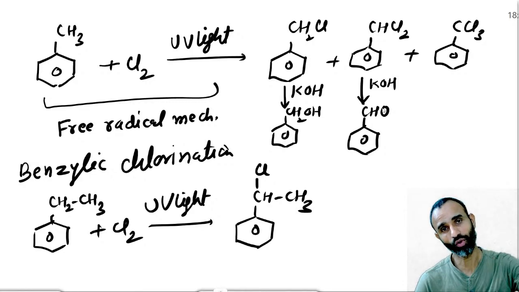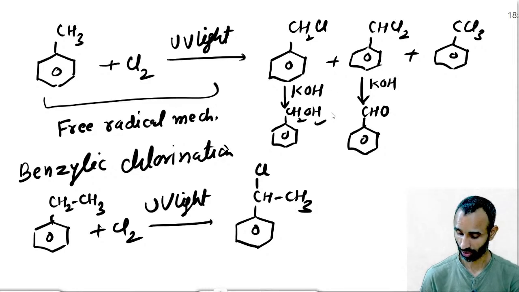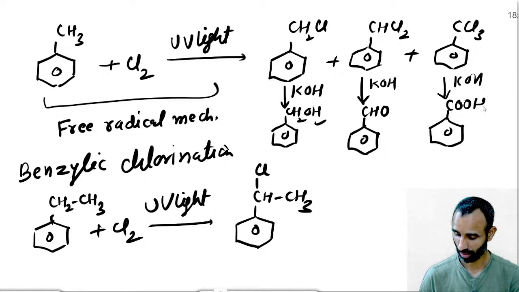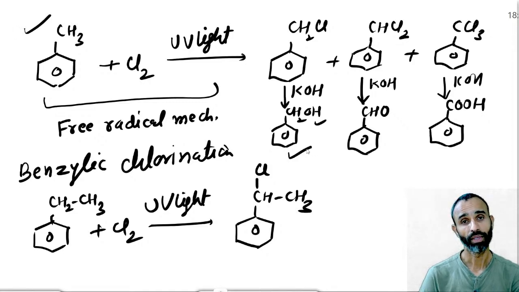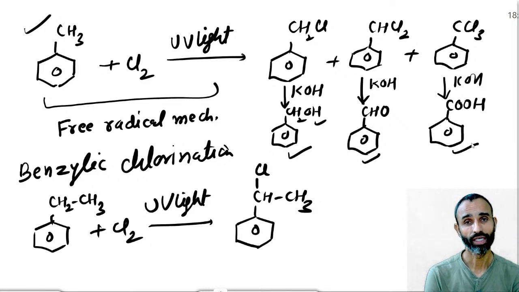Only one OH can be stabilized like this. If there are two OH, then water is removed. In this case, there are three OH, so we get benzoic acid. So this method can be used to prepare benzyl alcohol, benzaldehyde, or benzoic acid.